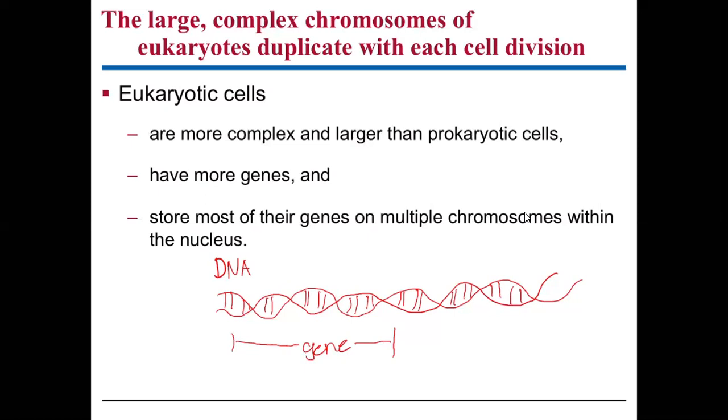Okay, next is chromatin. So what is chromatin? Basically, when we say chromatin, it is a condensed and compacted DNA plus proteins, especially histone proteins.